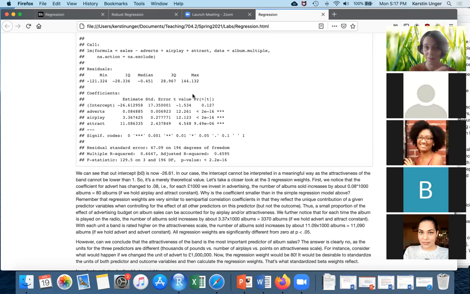So let's say for our slope for advertisement, if the null hypothesis were true, it's the probability of the data, in this case the data is our estimate, given the null hypothesis. It does not tell us how likely the null hypothesis is given the data, right? This is about something completely different. So it tells us how likely that estimate is under the null hypothesis.